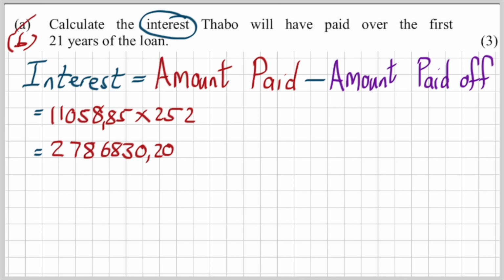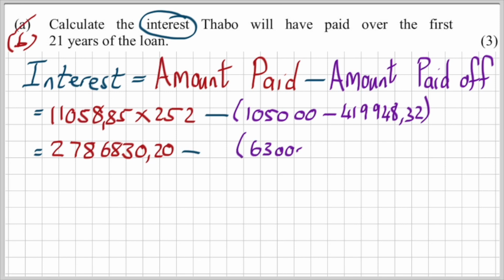Well, let's have a look. Remember, you started off by loaning 1.05 million. But at the end of 21 years, you still owe the bank 419,000 Rand. So how much did you actually pay off? You only paid off 630,000 Rand.